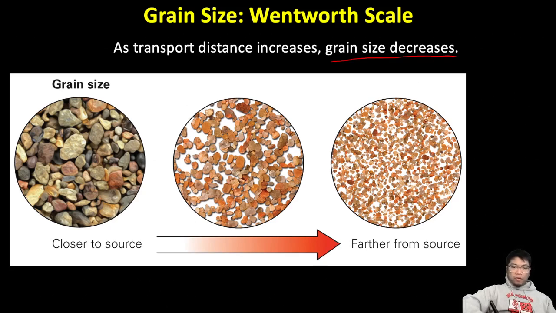If you see big grains within sedimentary rocks, that simply means these rocks were deposited very close to the source. But if we're dealing with fine grains, that could indicate that these grains have undergone long transportation far from the source rock.